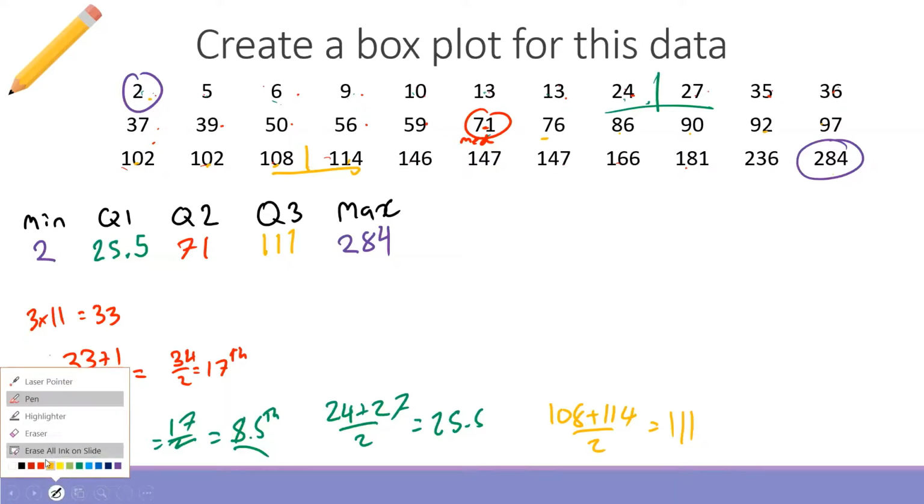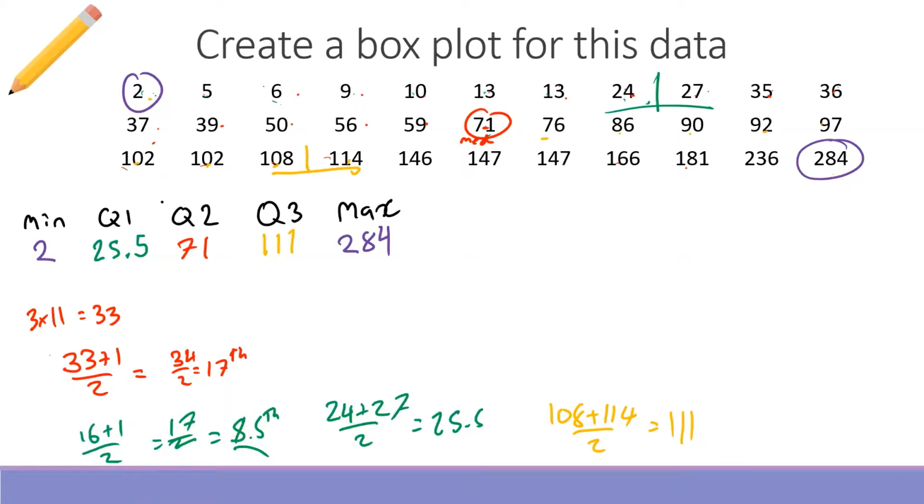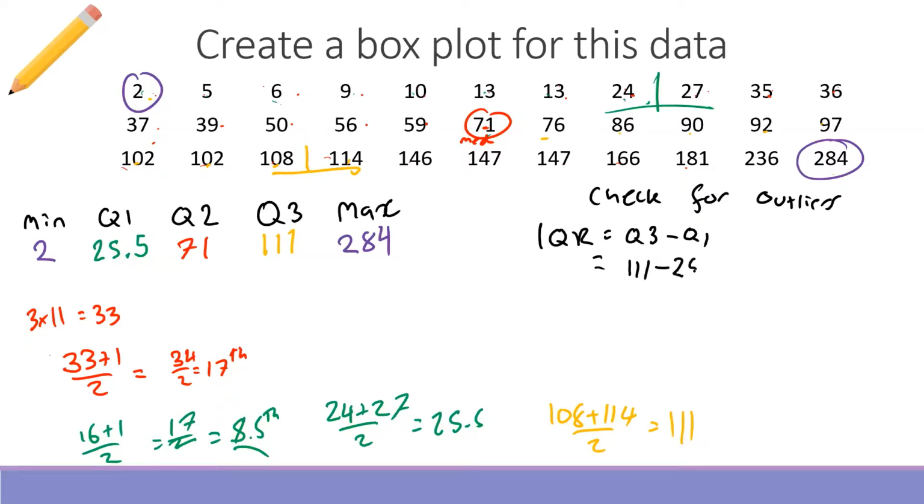Well, we're going to find the interquartile range. The interquartile range is Q3 minus Q1, which in this case is 111 minus 25.5. 111 minus 25.5 equals 85.5.